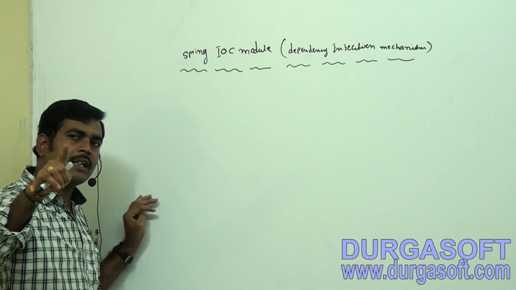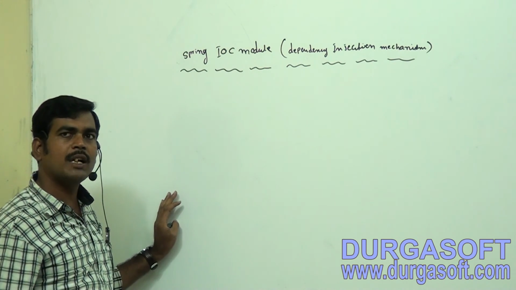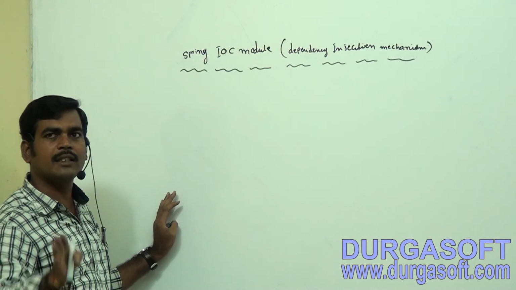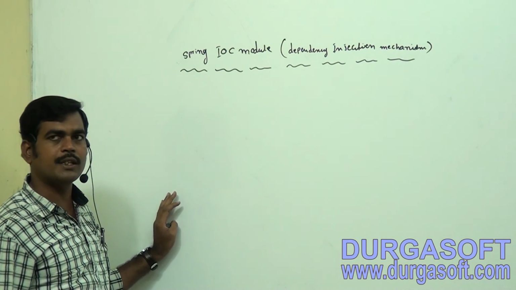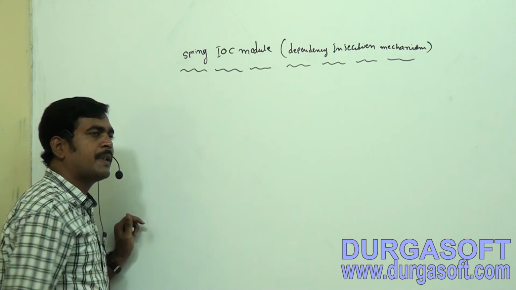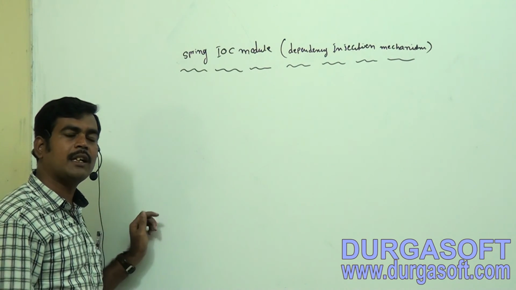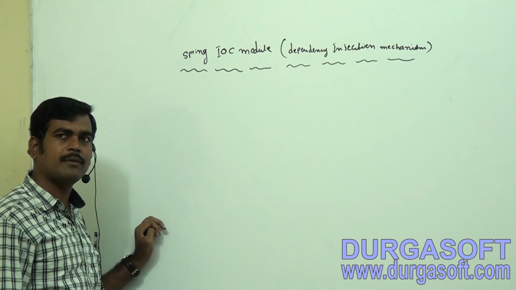Throughout the Spring framework, your responsibility is to implement only the business components, but not to create the objects of those business components. Why are we giving object creation to the Spring framework? Why are we not creating the objects in our application?